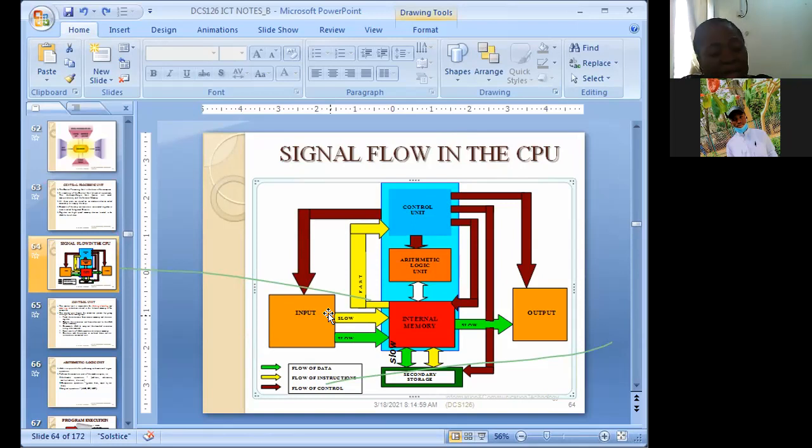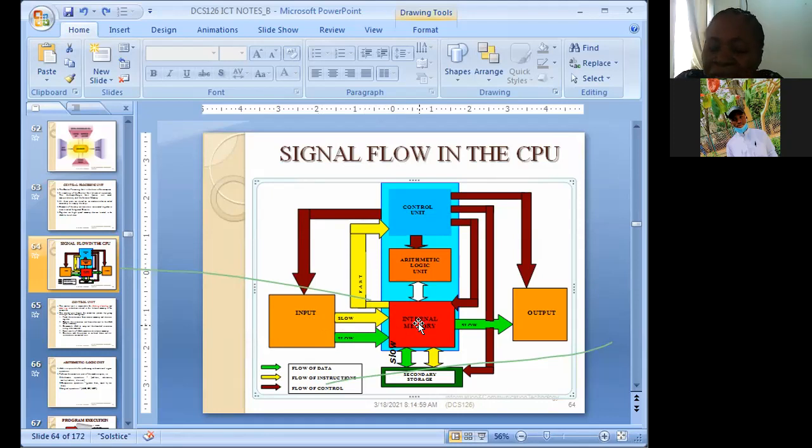Assuming that you are typing something on your keyboard or clicking your mouse, you will see a flow of instruction. That's the yellow arrow. It flows from the input device, which is either your keyboard, your mouse, or any other input device. And then it will flow into the internal memory here.